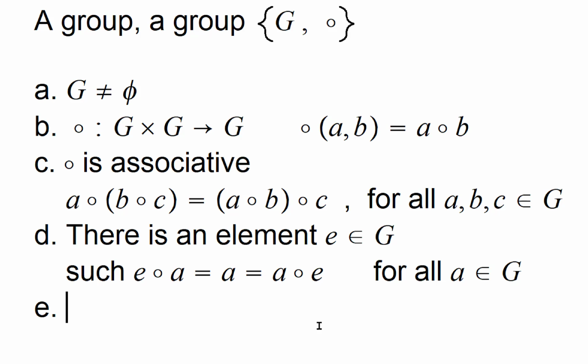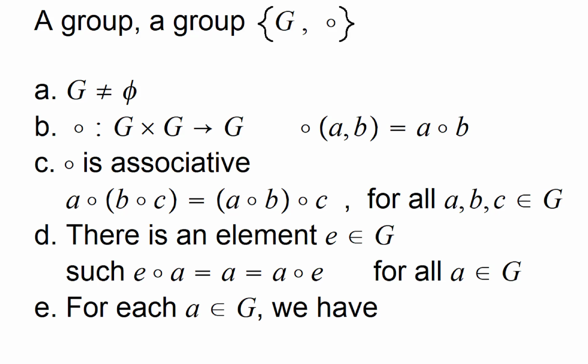And here is the last requirement that we are putting in, that is for each A in G. That is, if we take any element in the set G, we have an element A inverse, which could be A itself.